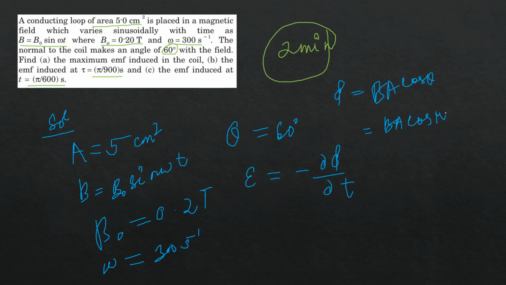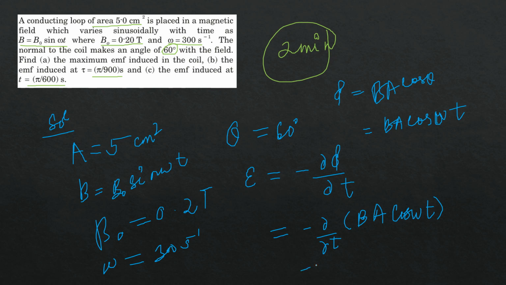You need more practice to have that approach, otherwise you won't be able to approach the question. So it is d by dt of BA cos omega t.